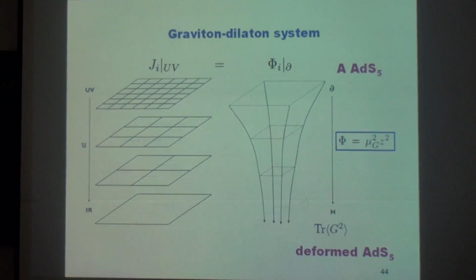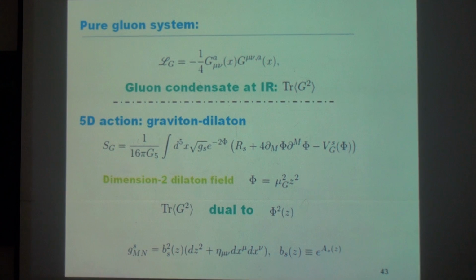The potential V5 can be solved analytically with this dilaton field as the input, and with this input you can solve V5 and also this G, the metric.